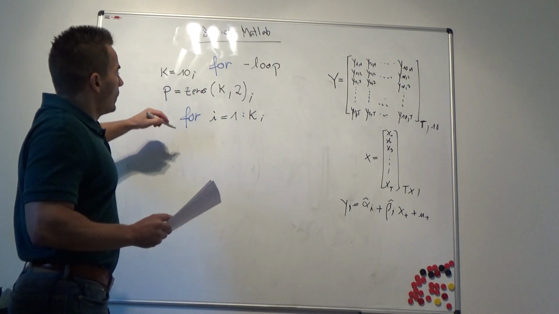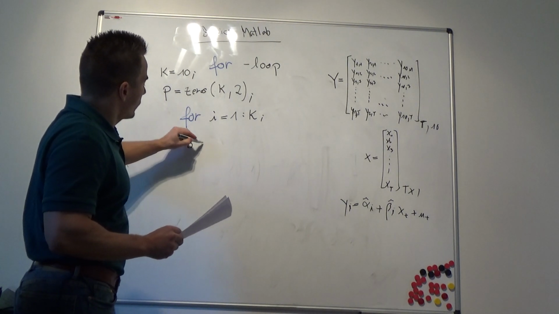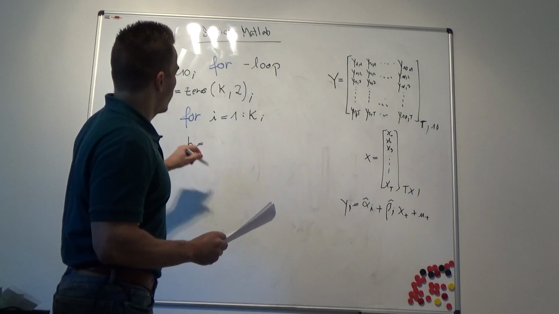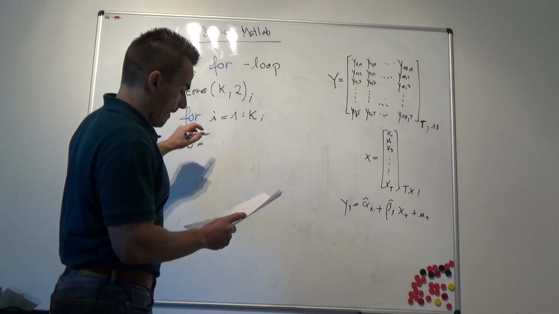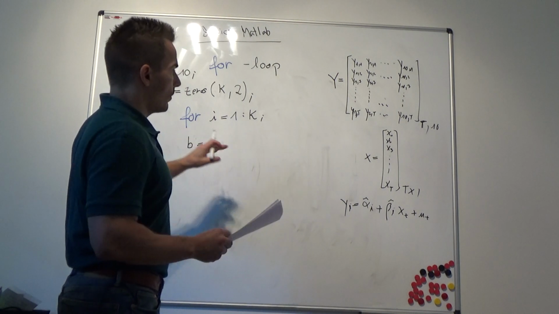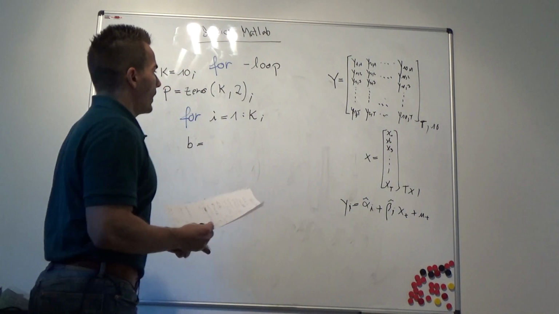What do we do? We say B is what? Okay, before we can run a loop, let us define our X matrix.